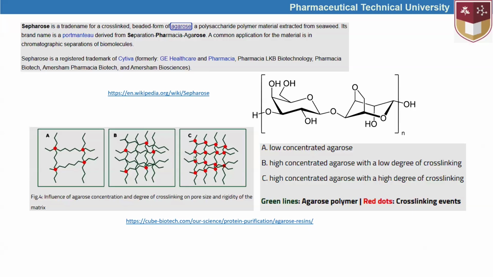The concentrations in both cases are high, but here we can see low level of cross-linking, and here high level of cross-linking. This kind of low-level cross-linked agarose can be used for higher molecular sizes of proteins, and this one, since it is more stable based on the covalent bond in cross-linked points, can be effectively used for the separation of small-sized proteins as well. So this is about agarose polymer.